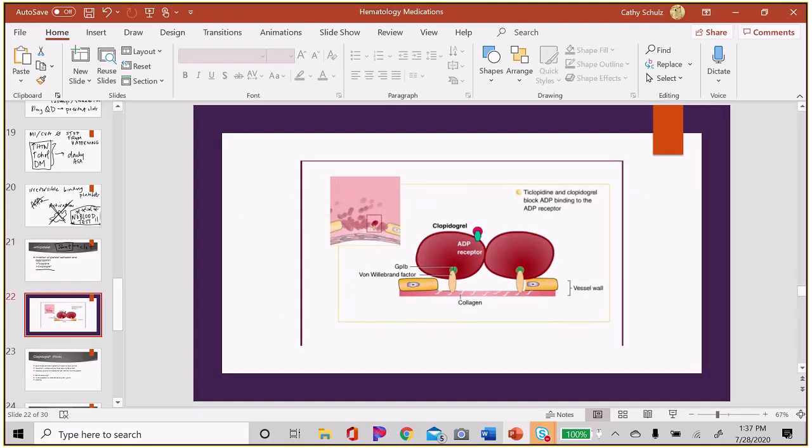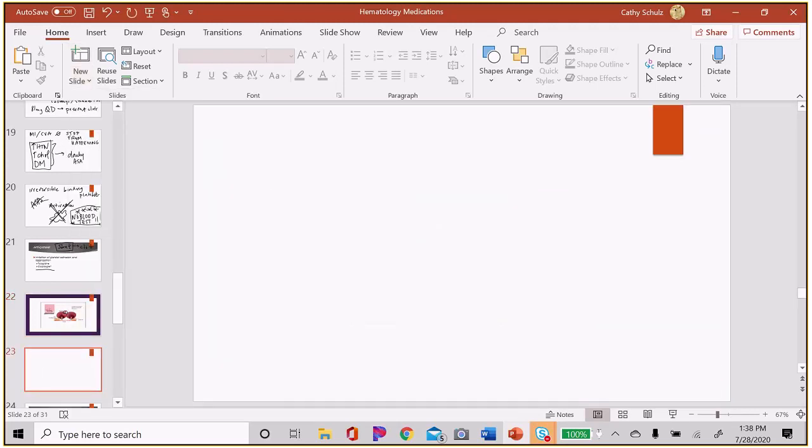So this is showing you an injury at the vessel, and this is showing you that platelets that are activated have these open receptors that allow them to bind to the area of injury and to bind to themselves. So here's my platelet, how it starts.